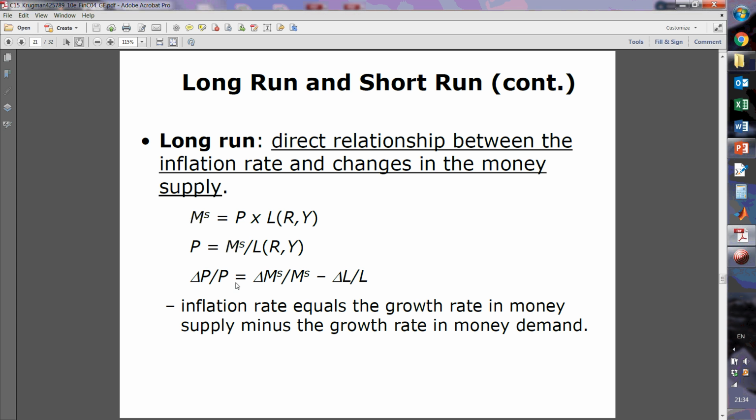Okay, so inflation, that's the left-hand side, is predicted to equal the percentage change in the money supply, or growth rate of the money supply, less whatever the demand for real money balances is doing at the same time, less however much the demand for real money balances is changing simultaneously.